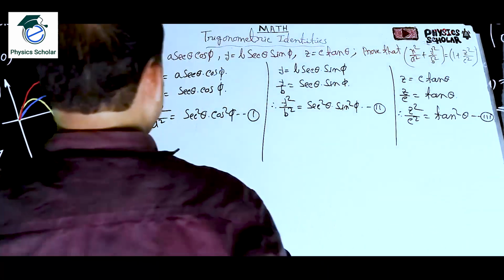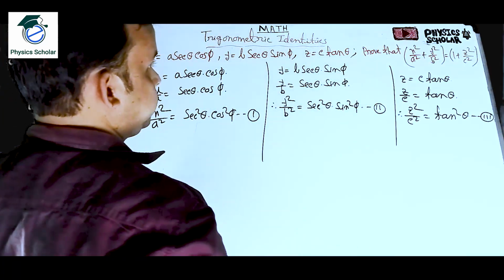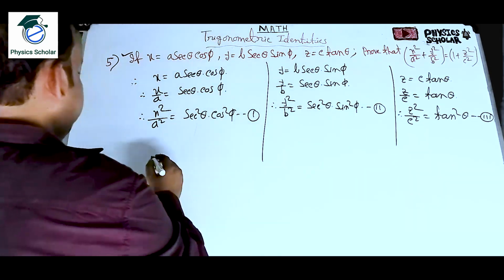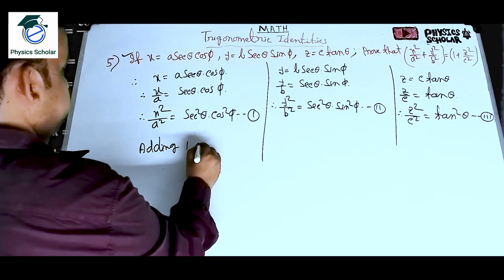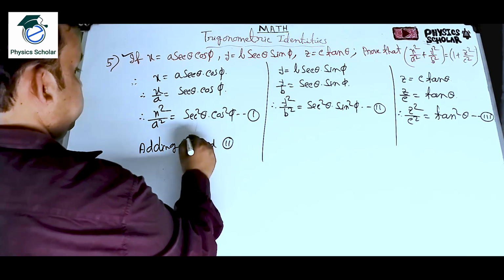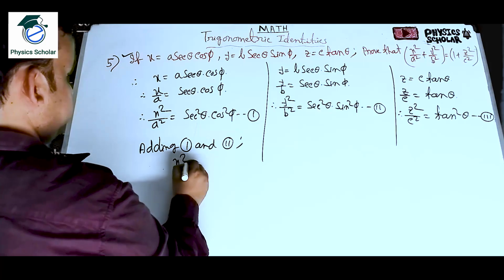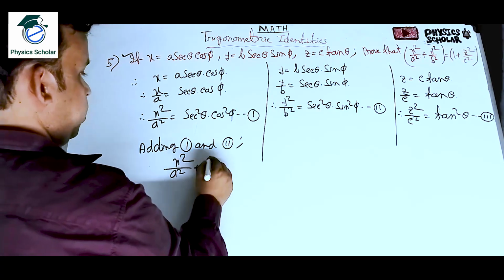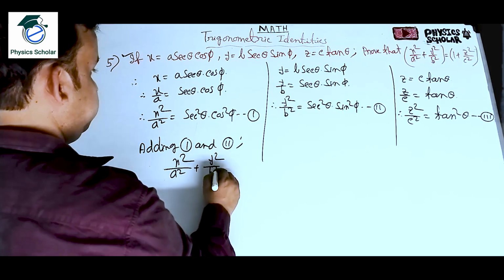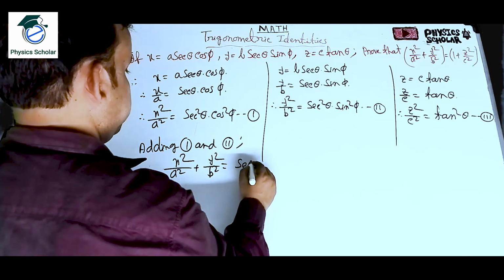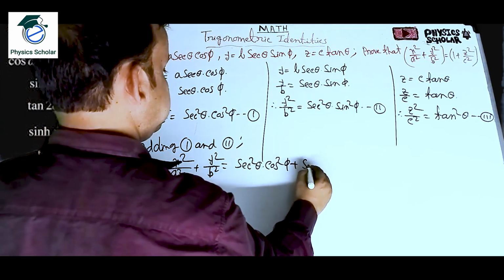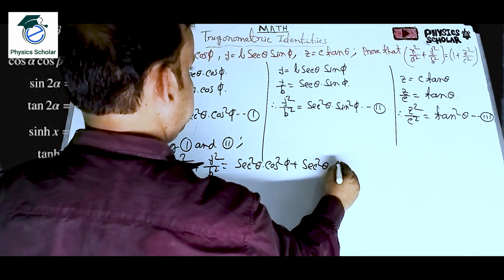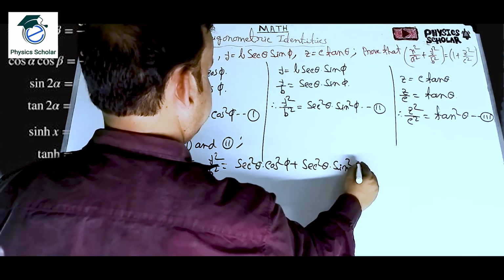Now see, what is given? x²/a² + y²/b². That means adding 1 and 2. Clear? x²/a² + y²/b² = sec²θ cos²φ + sec²θ sin²φ.